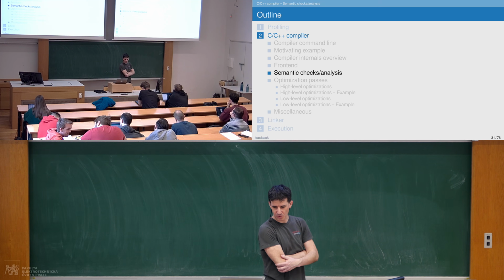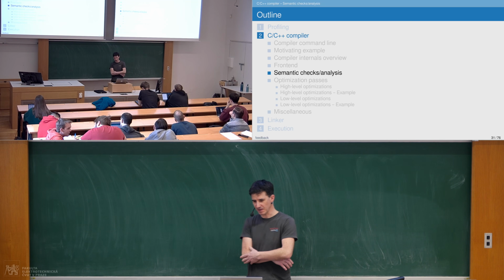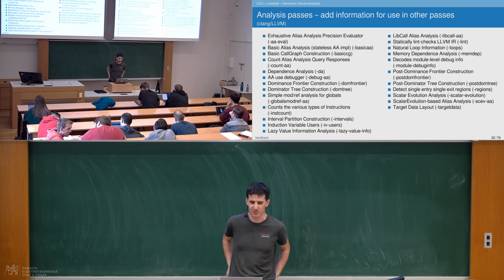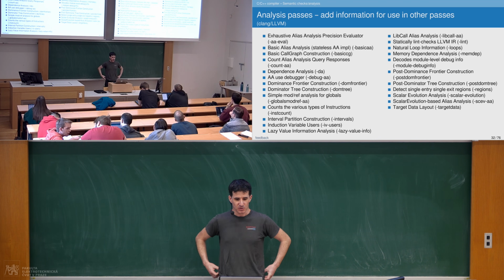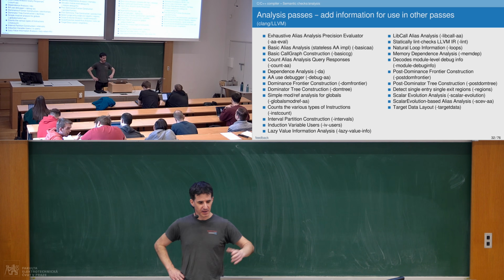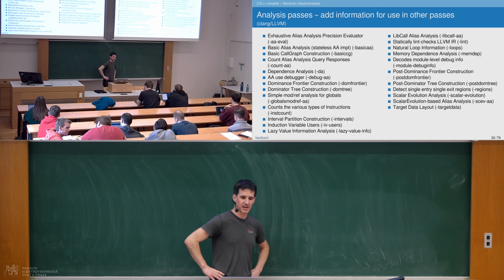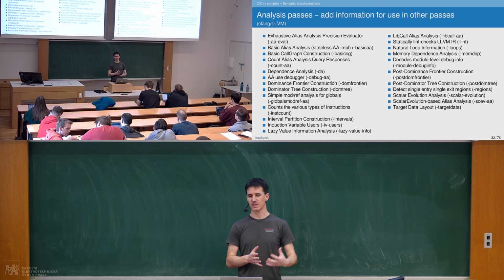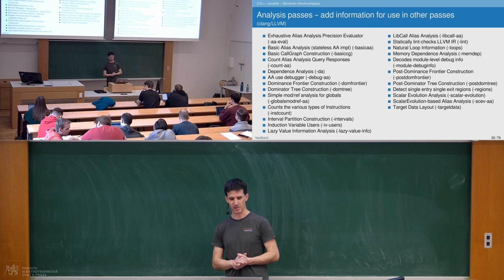So this is the front end, and now compiler internals. I will go through it very quickly because there could be a whole course about compiler internals. After this front-end work, there are several analysis passes which figure out what happens inside the source code in the intermediate representation.